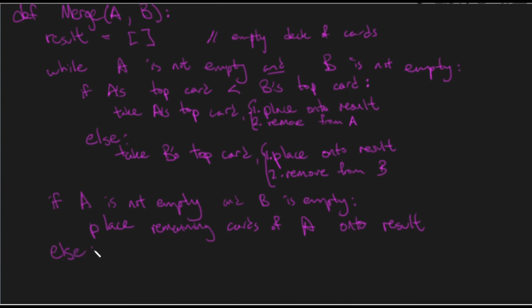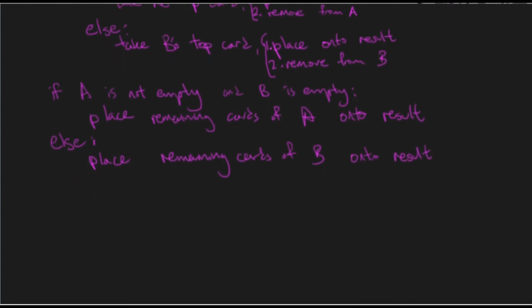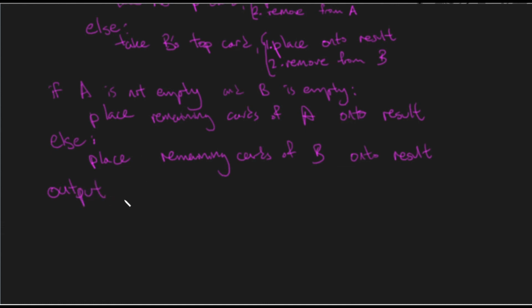Otherwise, we know that B is non-empty and A is empty, and in that case, we place the remaining cards of B onto the result. And so that forms the basis for our merge code. And so our final thing to say would be to output that result.